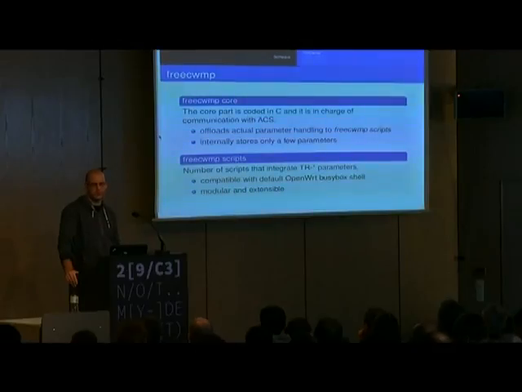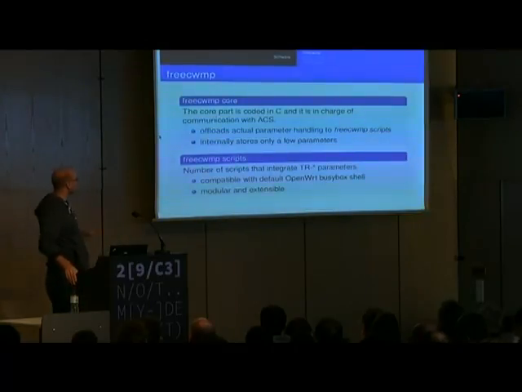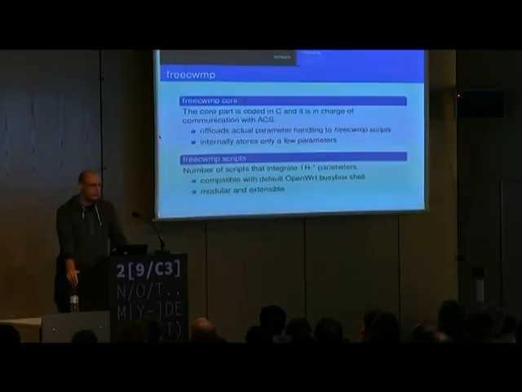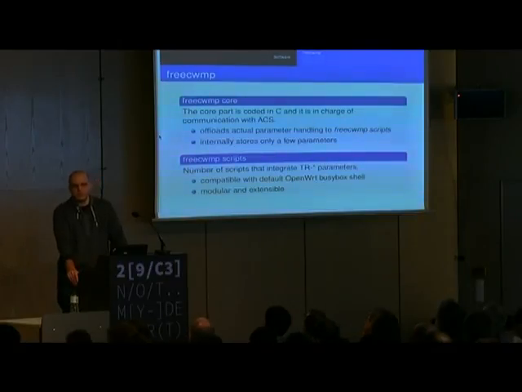Okay, so you have freecwmp core, which is coded in C. It's in charge of all the communication with the ACS server, and it offloads all the parameter related stuff to the scripts, because if you want to provision, for example, Asterisk or some other SIP client, you will need to do it differently, because the configuration for this software is not the same. So this is the easiest way to do it.